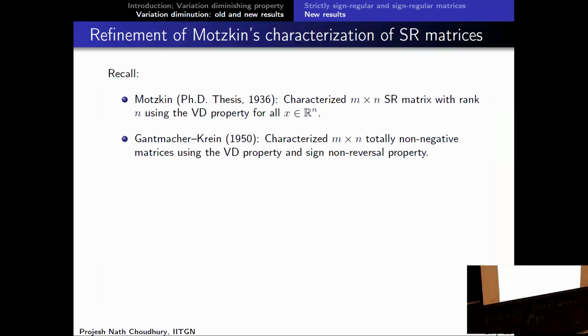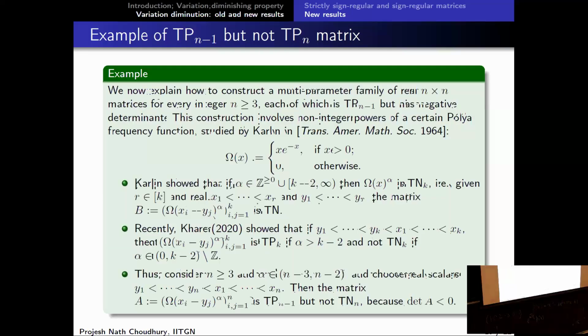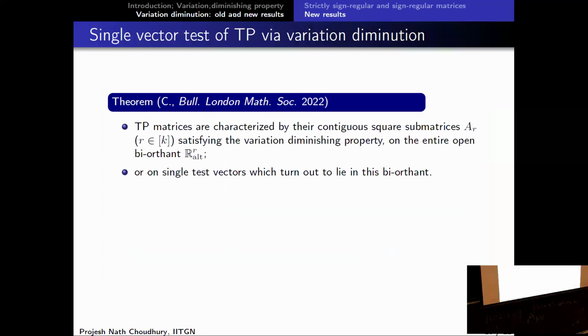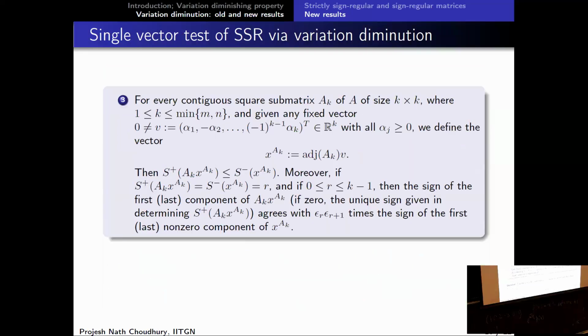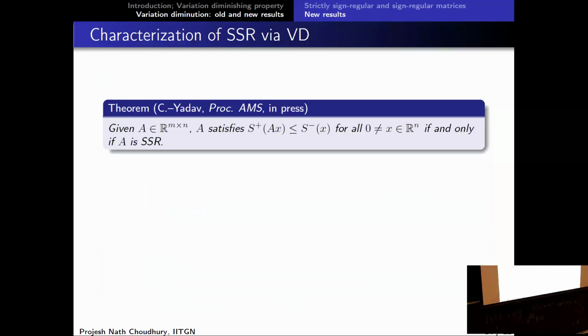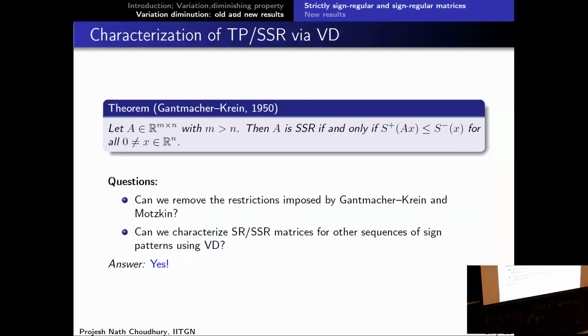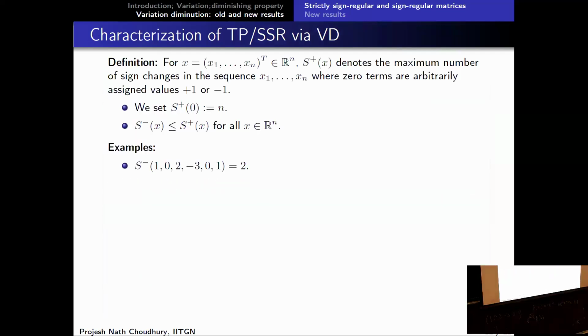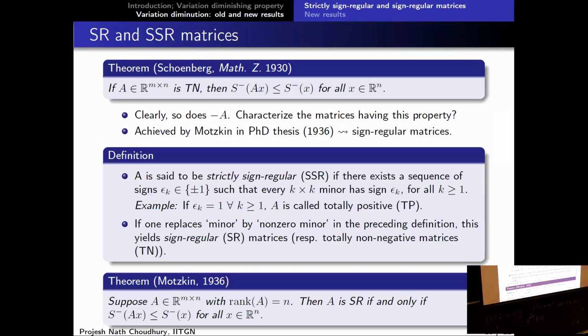If you look at this Motzkin result, we are able to completely characterize strictly sign regular matrices of any given sign pattern using the variation diminution property.